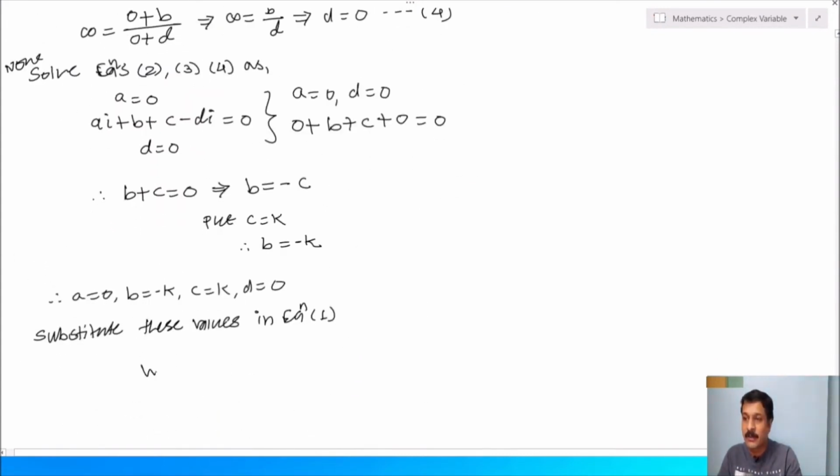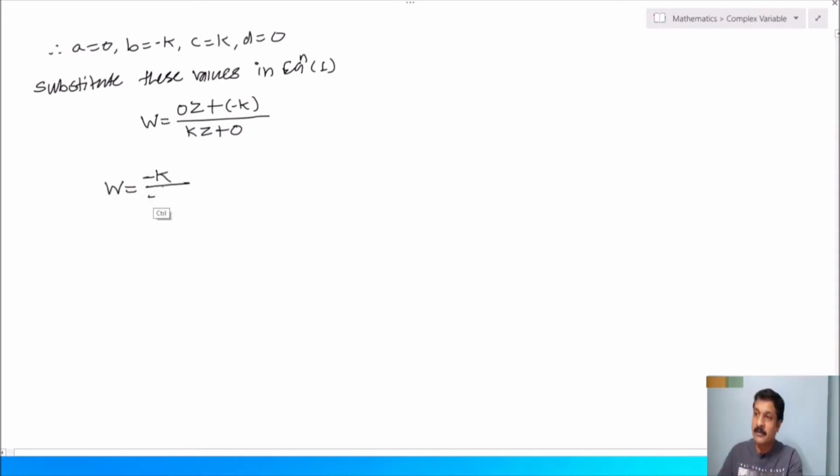So W equal to (0 plus minus K) upon (KZ plus 0). So therefore W equal to minus K upon KZ. If we divide numerator and denominator by K, I am getting W equal to minus 1 by Z. So this is your required bilinear transformation.